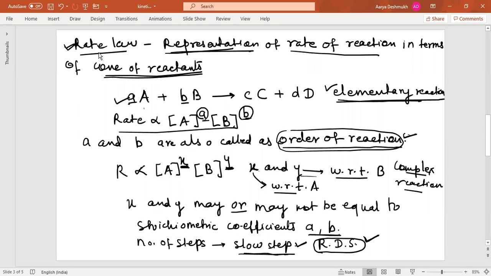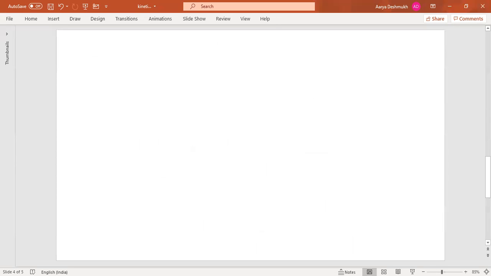Now, if you look at this reaction, just by looking at it, it is not possible to determine the order of the reaction. You cannot predict the order just by looking at it. You will have to determine the order of the reaction experimentally. It means that X and Y are experimentally determined quantities.